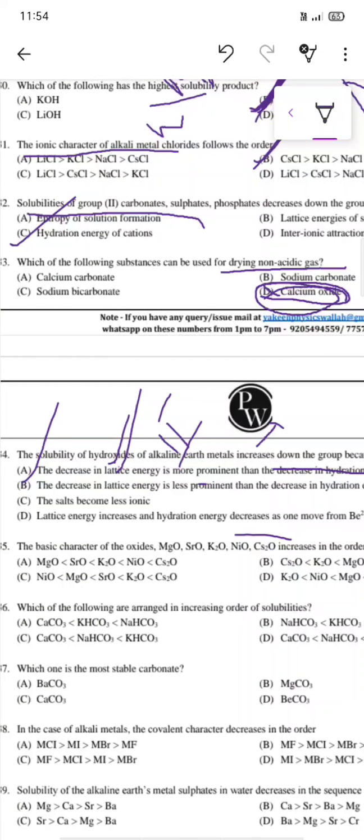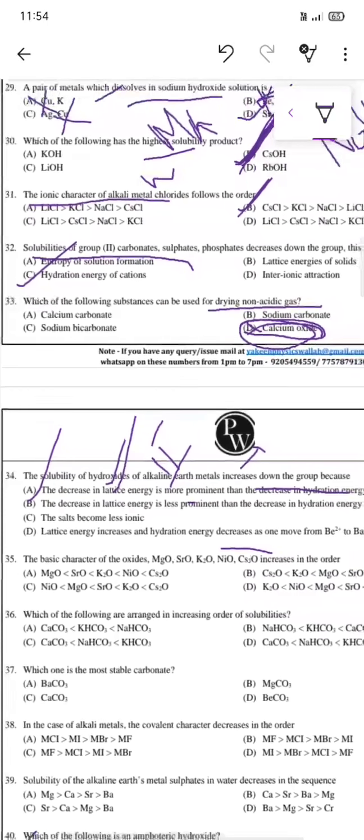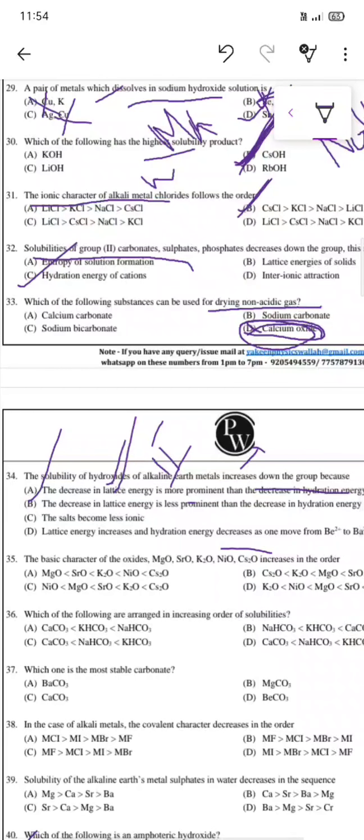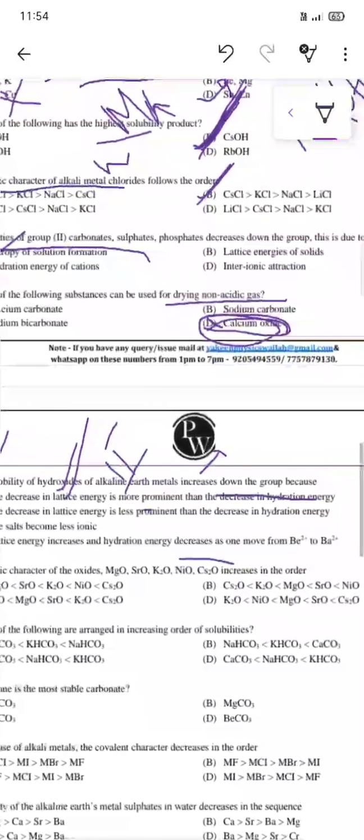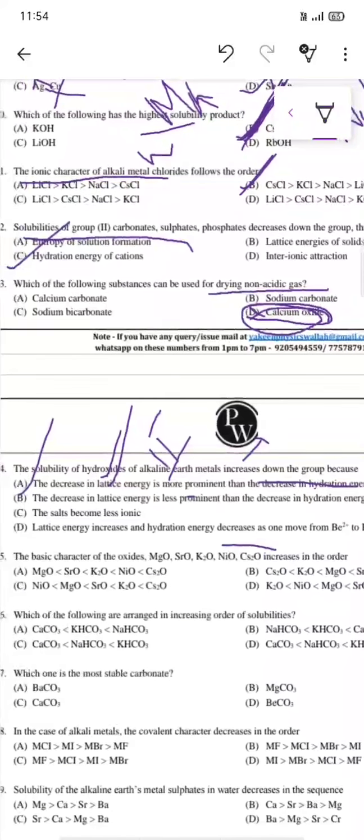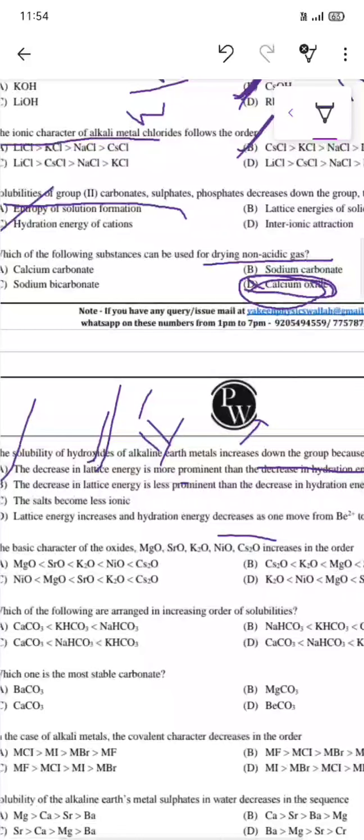The basic character of oxides MgO, SrO, K2O, Ni increases in the order. Basic character depends on oxide size. So Li, Na, K, Rb, Cs.